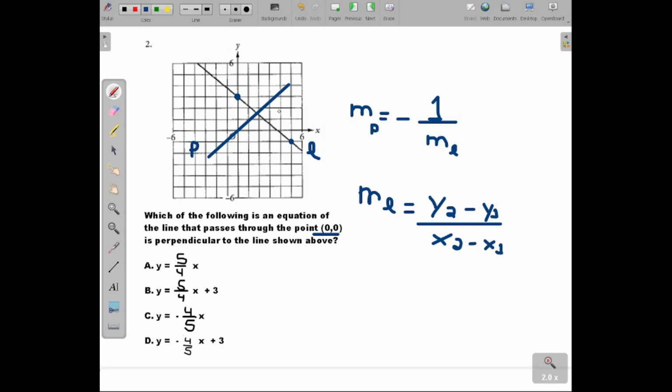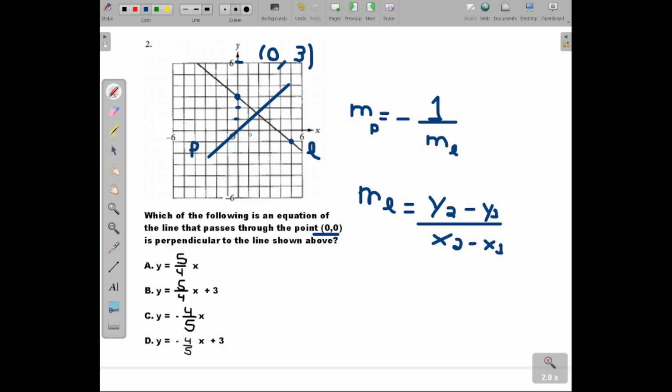And we need 2 points for the line L, which are right here. For this one, we have that x is equal to 0 and y is equal to 1, 2, 3. Because we have 6 here, that means that there's 1 unit in each box. 1, 2, 3.